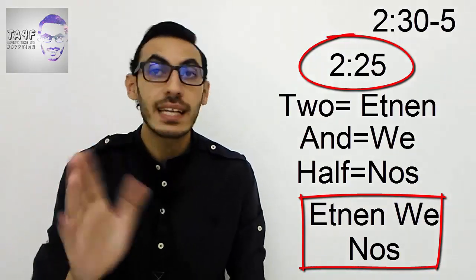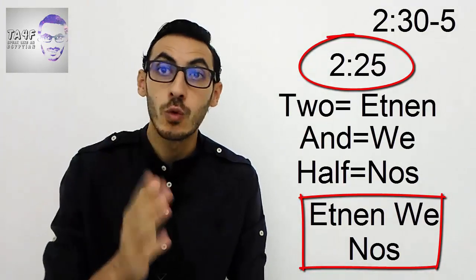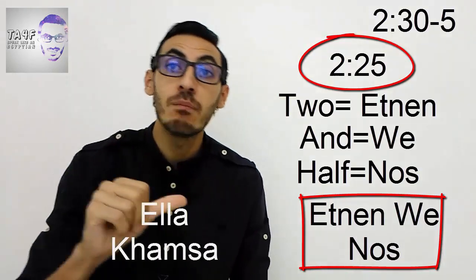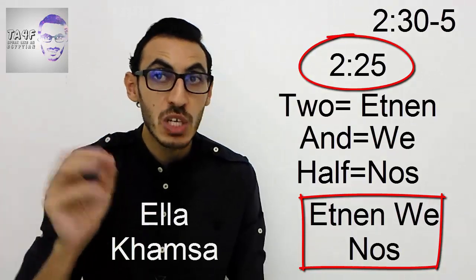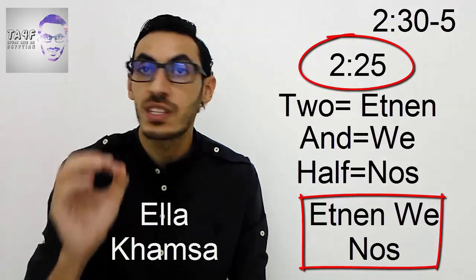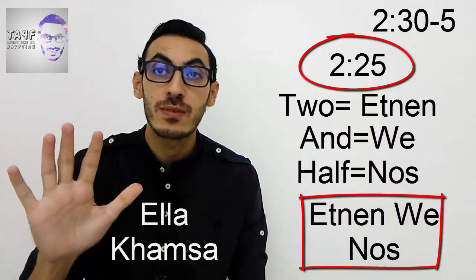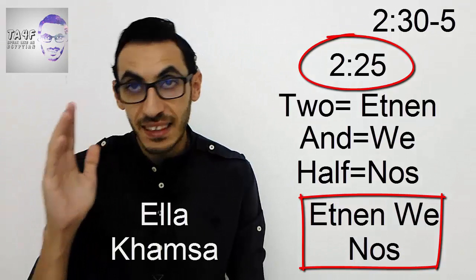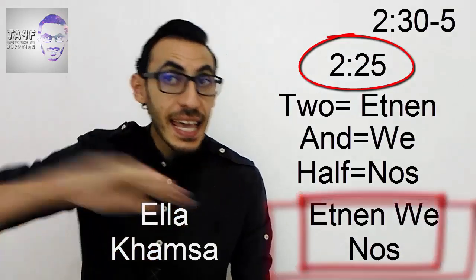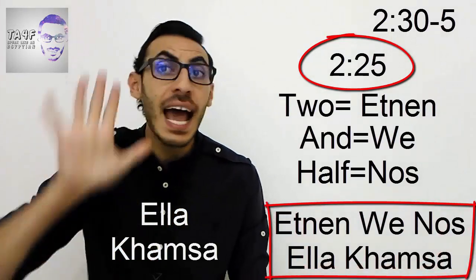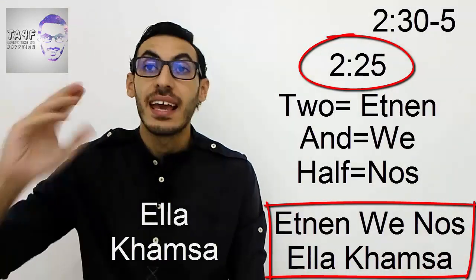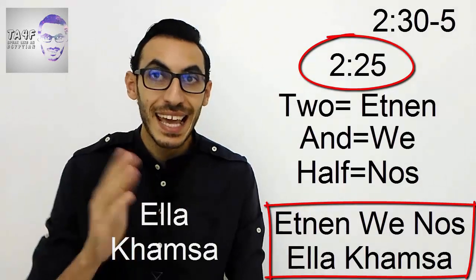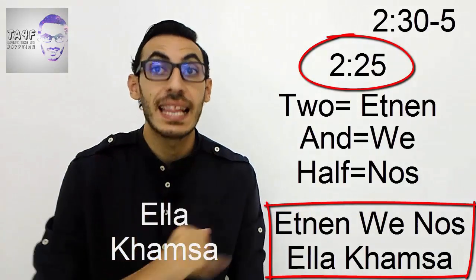Then we're gonna use two words. إلا خمسة. إلا, it's the exceptional word. خمسة, which is 5. So it's 2 and a half exception of 5. 2 ونص إلا خمسة. Got it?